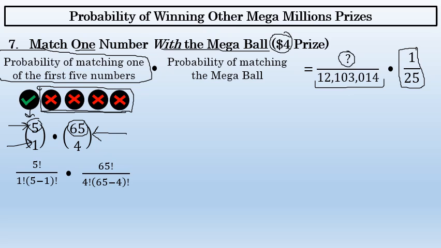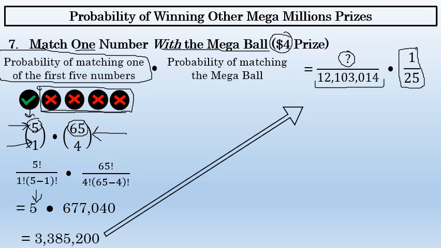These combinations would look like this if I write them out and simplify to 5 for the number of combinations of matching 1 out of the winning 5, and 677,040 ways to choose 4 not matching numbers out of the 65 that don't match. This product is 3,385,200.